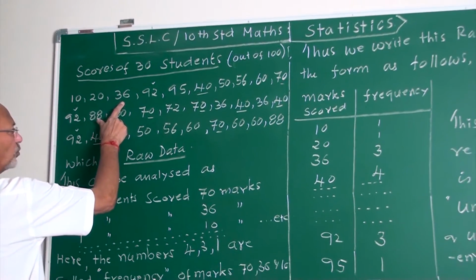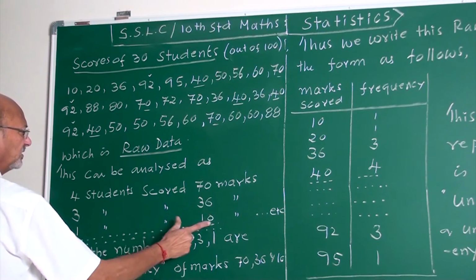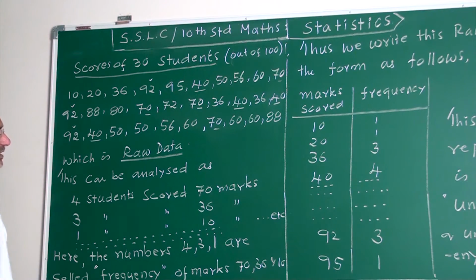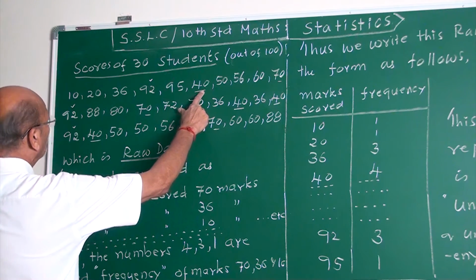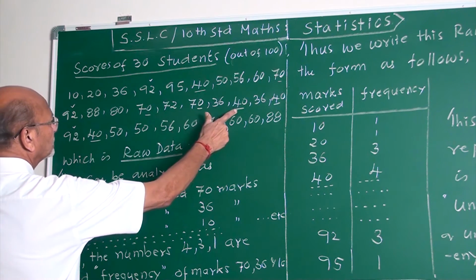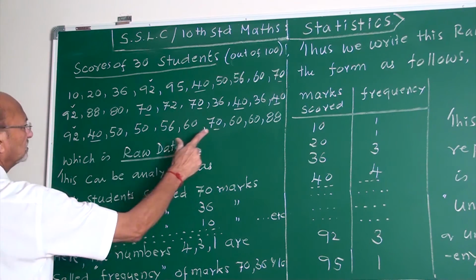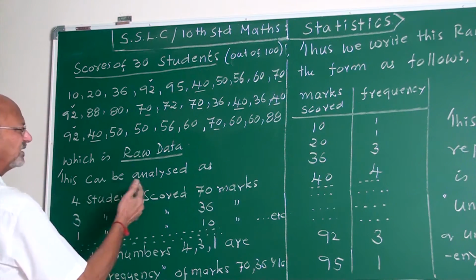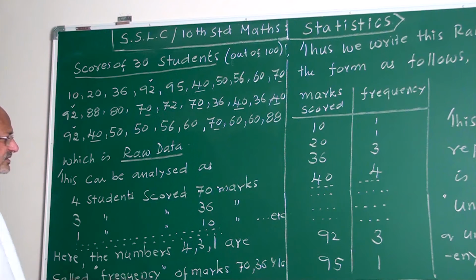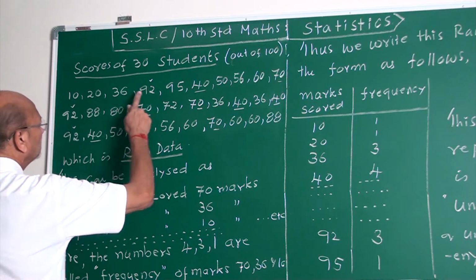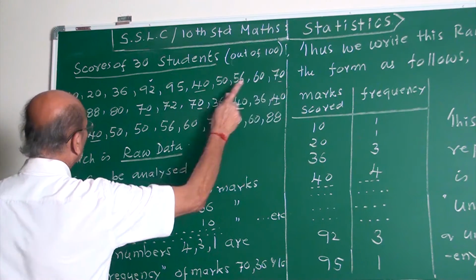Who scored 36 is 3, which we have already written. Then the number of students who scored 40: second, third, this is 4th. Yes, 40 is 4. Like that, my friends, you are going to write the next numbers. The last, which is the highest, is 95. How many are there? 95 in this row is 1.